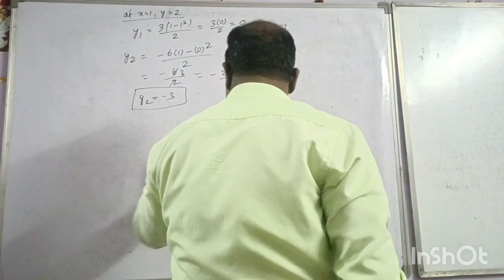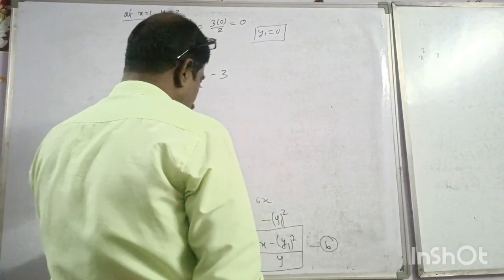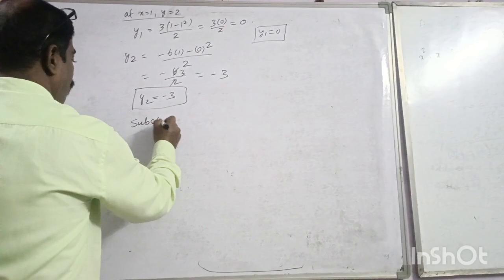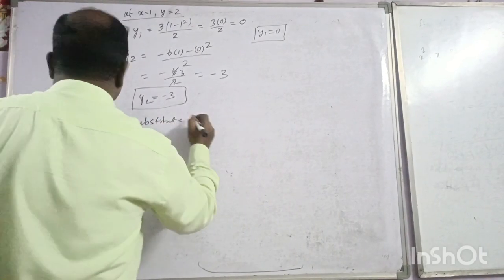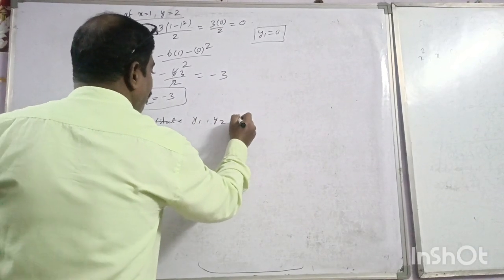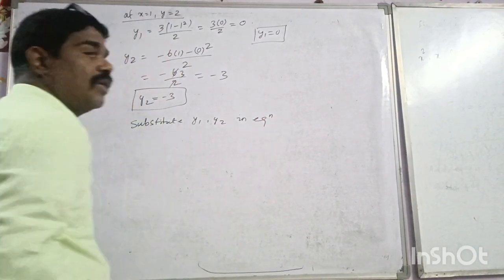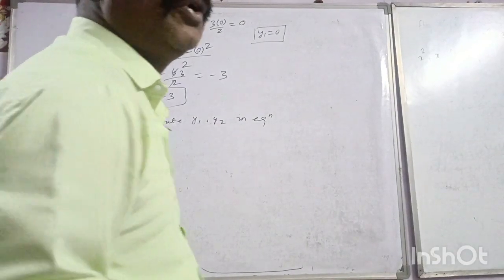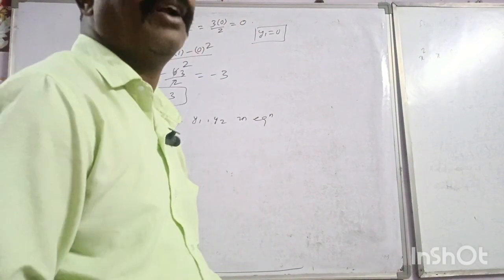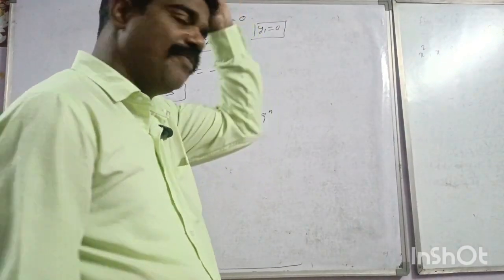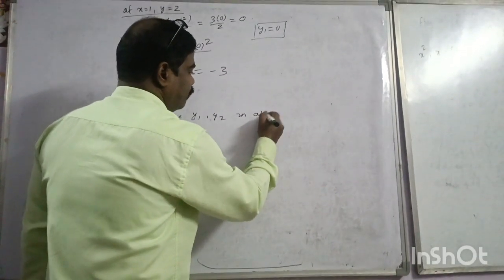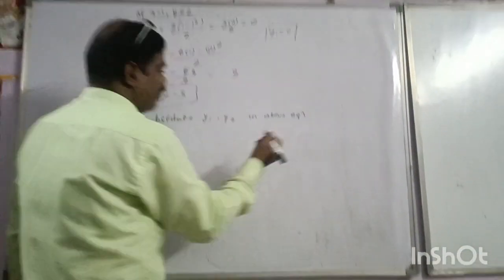Substitute y1, y2 in the equation. कौन सा इक्वेशन है 2 है ना. 2 देखो जी एक बार. Okay, then in the above equation, what is that?